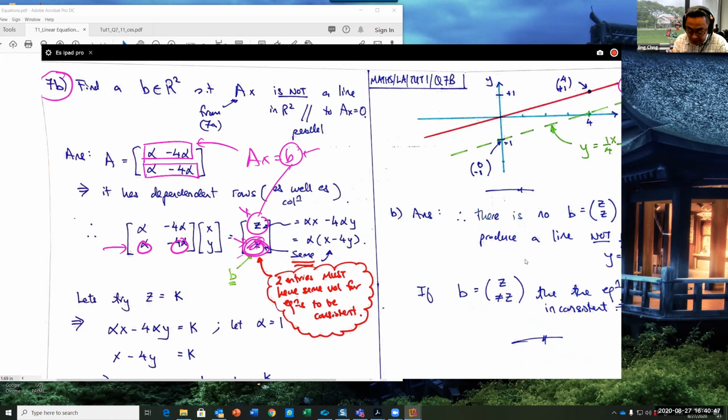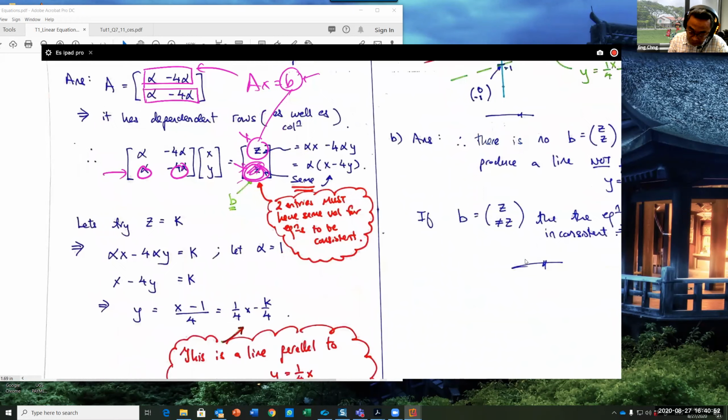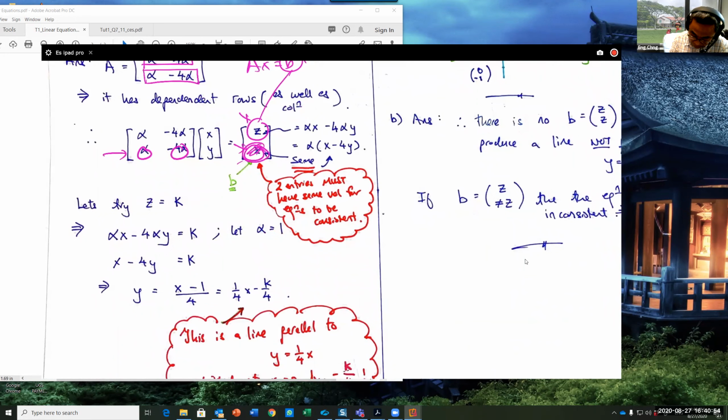Let us first think of when the equation is consistent. When the equation is consistent, the right-hand side will be 0, 0, 0 after Gaussian elimination.